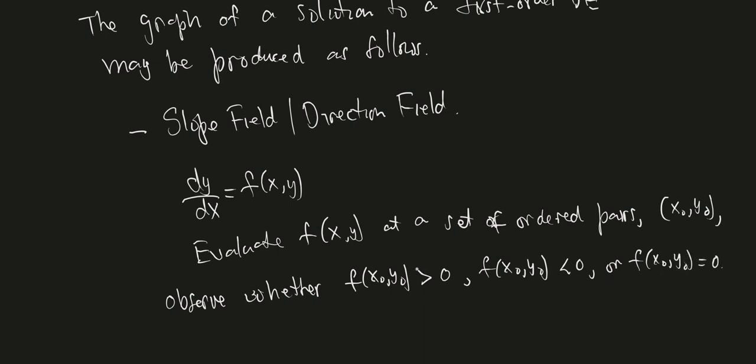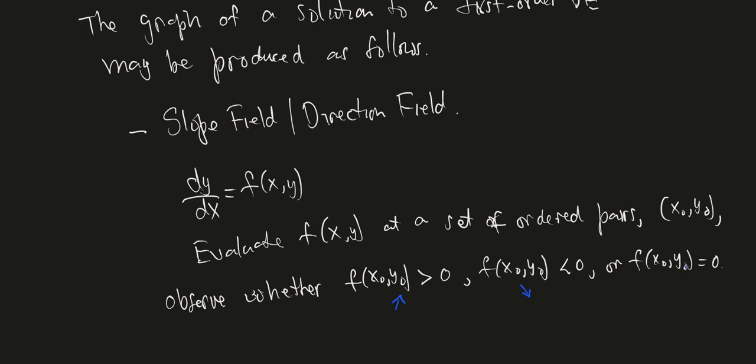If the function evaluates as something positive, which means our derivative is positive, what we do is we put a little arrow at that point in the xy plane pointing upwards, right? If the function evaluates to something negative, again, at that point in the xy plane, we're going to put an arrow going downwards, right?